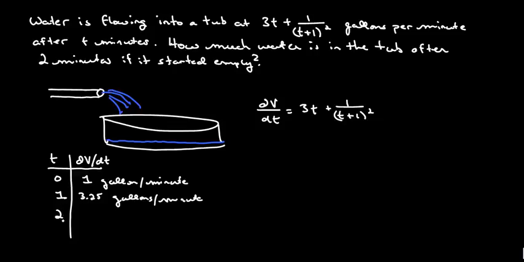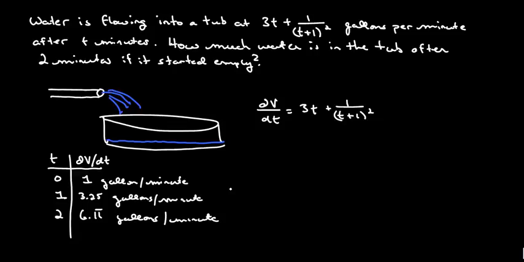And let's do when time is 2. Okay, so the rate of change of volume with respect to time is 3 times 2, which is 6, plus 1 over 9. So that's 6.11 repeating gallons per minute, it looks like.